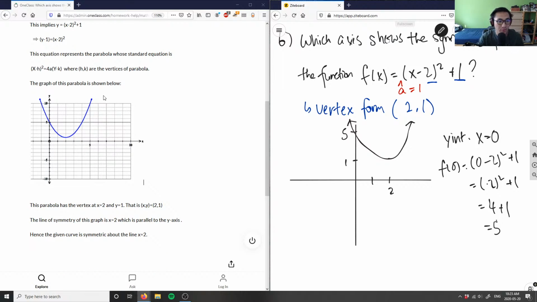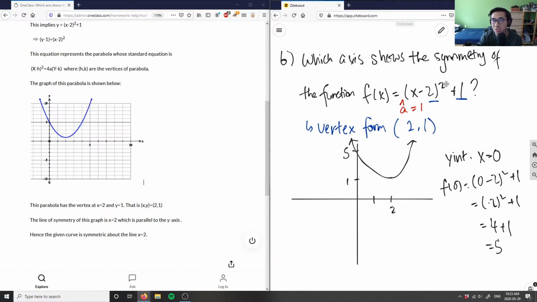Then what they're doing here is saying the vertex is (2, 1), which is good, so we know it's in vertex form. And we know the line of symmetry is x equals 2, which is parallel to the y-axis. Again, the question was asking which axis shows the axis of symmetry. It's very hard to draw because my graph isn't to scale here.